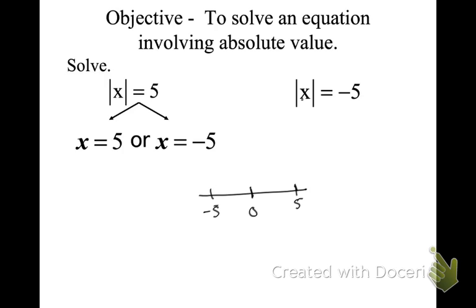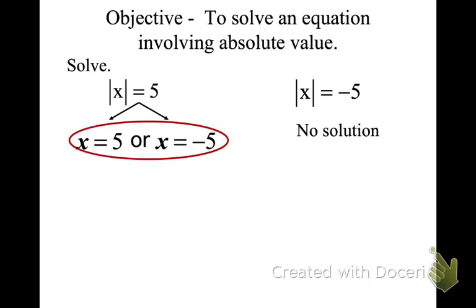Even if I pulled out my ruler and I measured from here to here, it would measure 5 units. So in this case, when you get the absolute value all alone, just like you're isolating a variable, when it is equal to a negative, you say no solution, because there is no measurement that equals a negative.